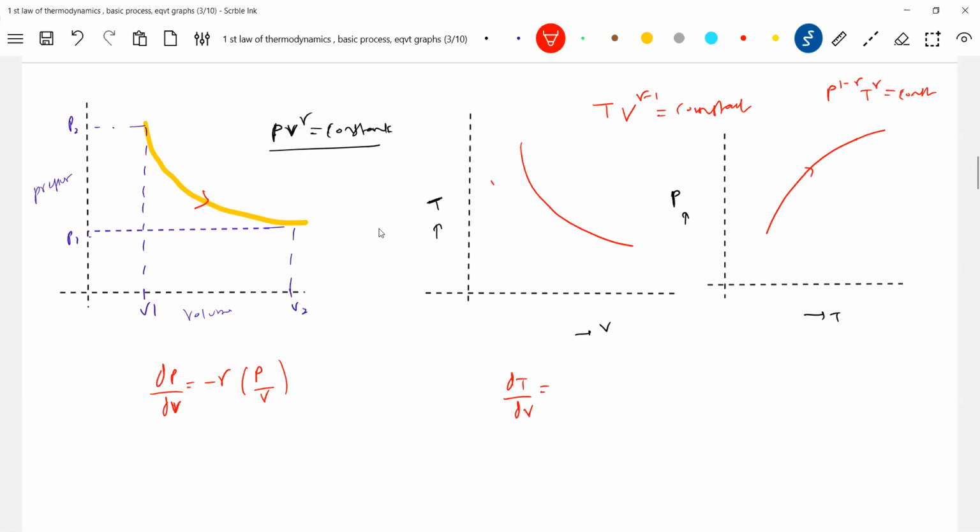Anybody differentiate this equation? dT by dV should be equal to minus of gamma minus 1 T by V. Again, T you can write as a constant times 1 by V to the power of gamma minus 1. So therefore some constant should come.